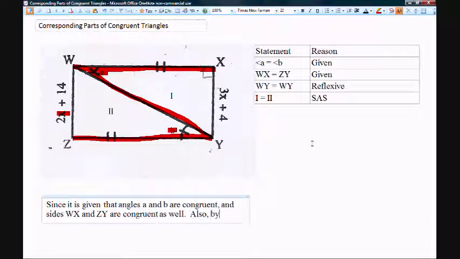Also, by the reflexive property, side WY is congruent to itself.